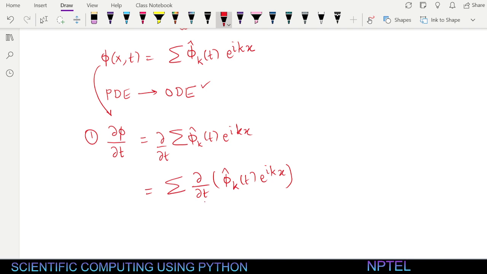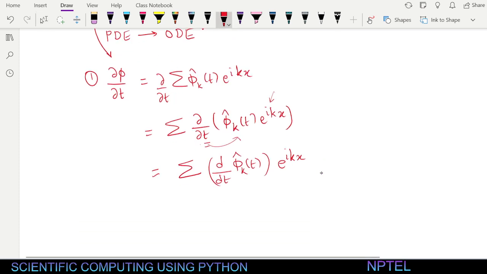Now what does this partial derivative mean? It means that x is to be treated as constant, as far as this derivative is concerned. So you can take this one out or just apply the derivative on this term. Now that term does not depend on x, so we can just write d by dt of phi k t, and e to the power ikx.